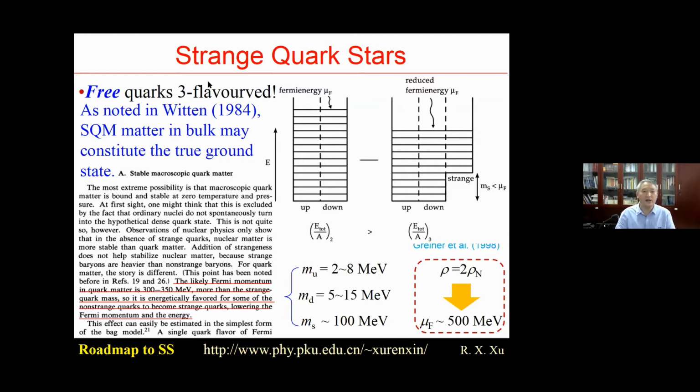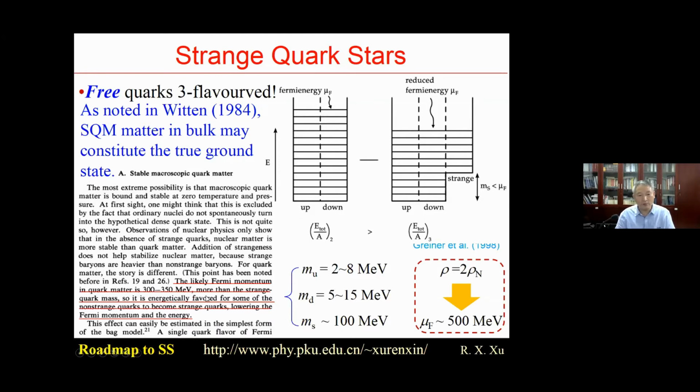For instance, in 1984, Edward Witten proposed that strange quark matter could be in bulk, in the absolutely stable ground state, because the likely Fermi momentum if quarks are free could be around 400 MeV.